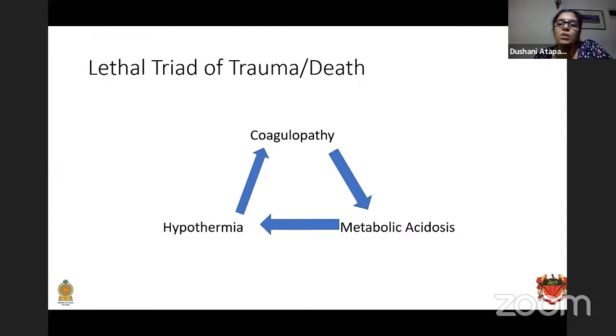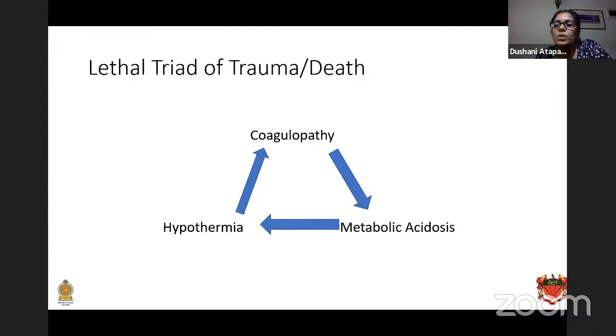So if you talk about the lethal triad of trauma death, these three important factors: coagulopathy, metabolic acidosis, hypothermia. So you have to take measures somehow to prevent these things occurring, because if even one thing is there, if the patient is hypothermic, if the patient is going into hypoxia and causing metabolic acidosis, then it's very difficult to reverse it back.